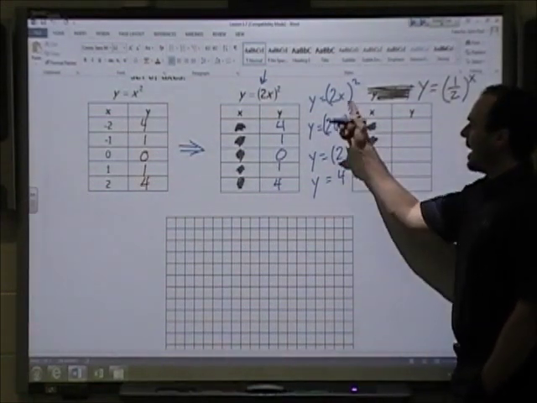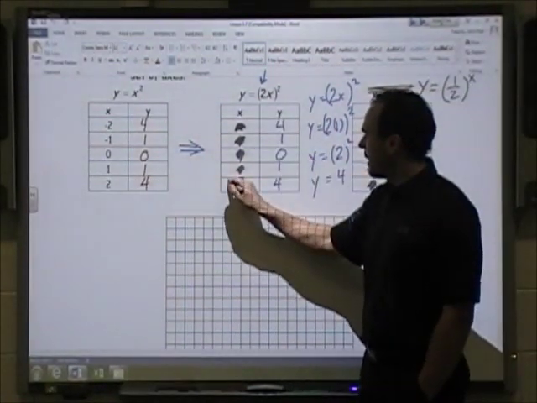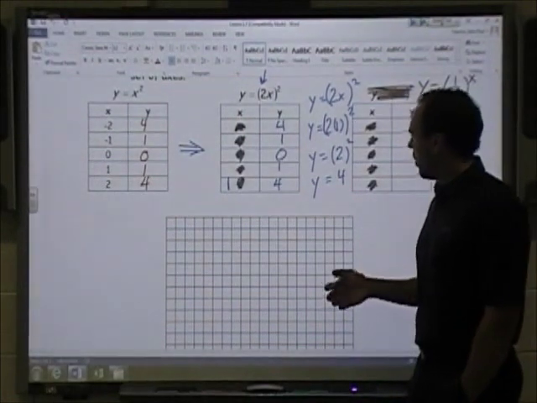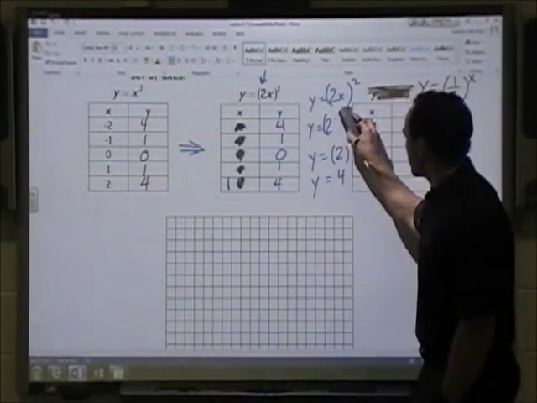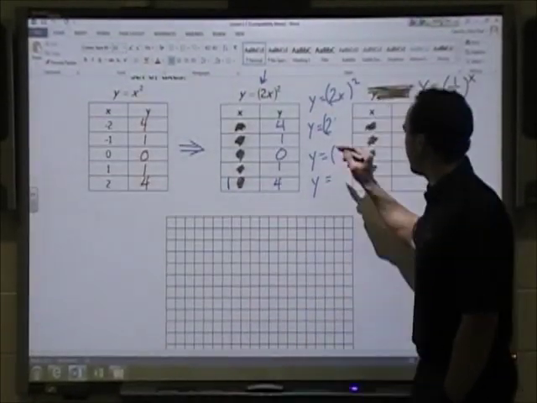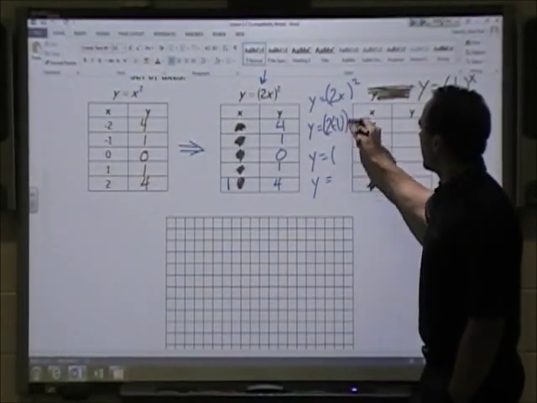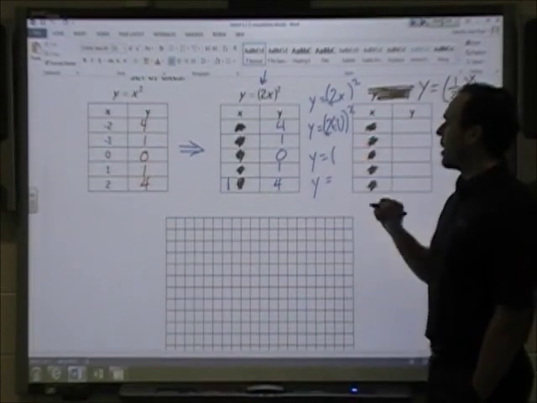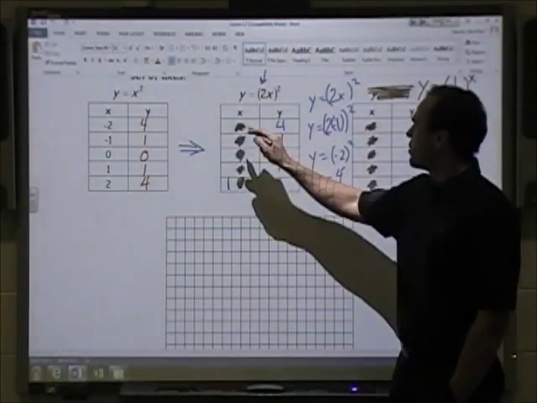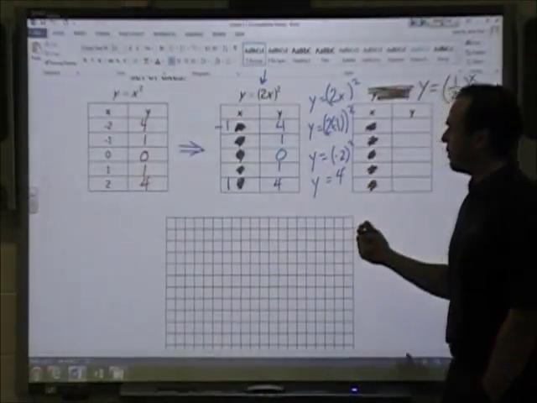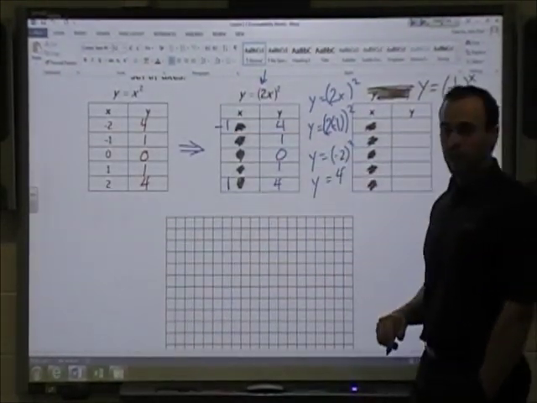And also, if I plug in x equals negative 1, that will be in the bracket 2 times negative 1, which is negative 2 all squared, and negative 2 all squared is also 4. So if I plug in x equals negative 1, it also gives me 4.